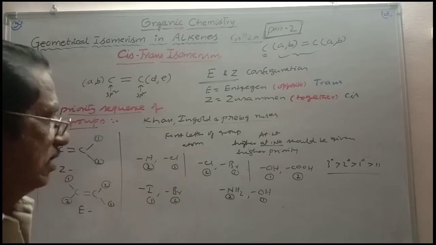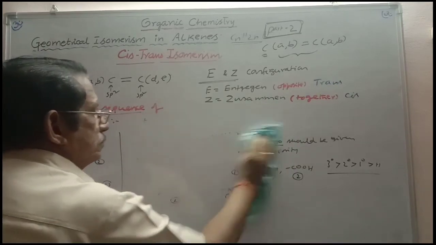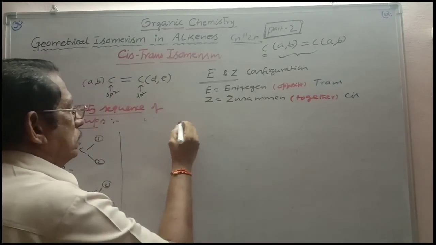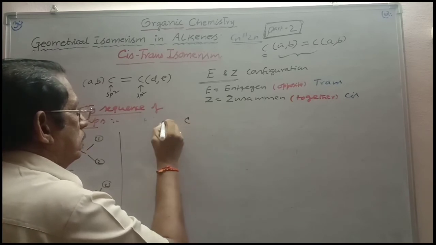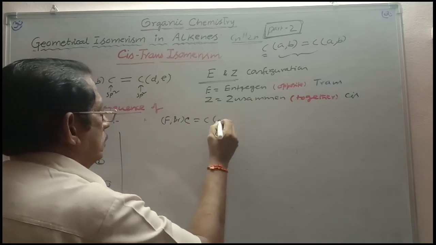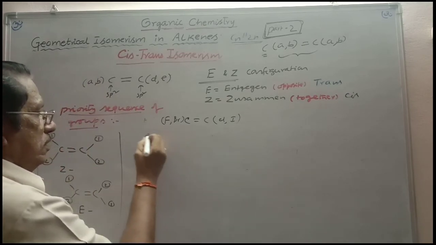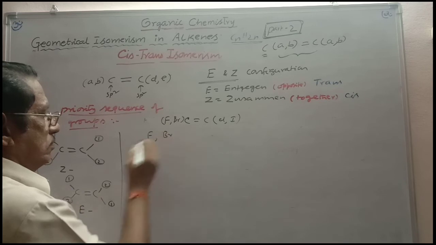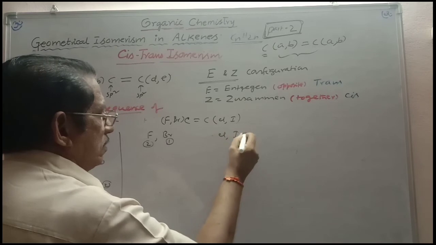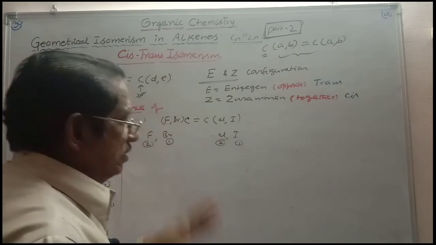Now let us take a simple example. F, Br double bond C, Cl, I. Here, for the first carbon with F and Br, first priority is Br and second priority is F. For the second carbon with Cl and I, first priority is I and second priority is Cl, because I has a greater atomic number than Cl.